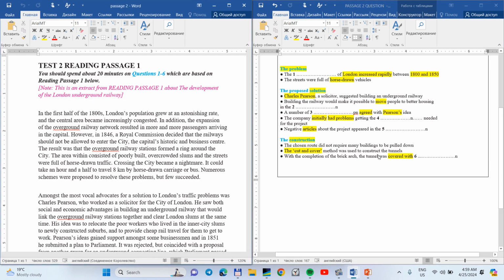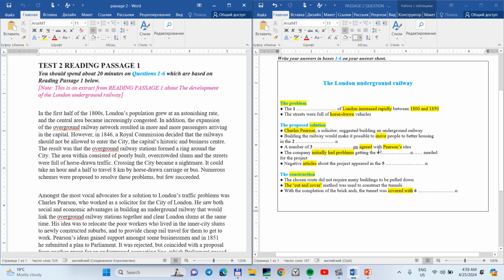Do we have any synonym of 1800s? Do we have a synonym of increased rapidly? It is "grew at an astonishing rate". Is that the synonym of increasing rapidly here, guys?